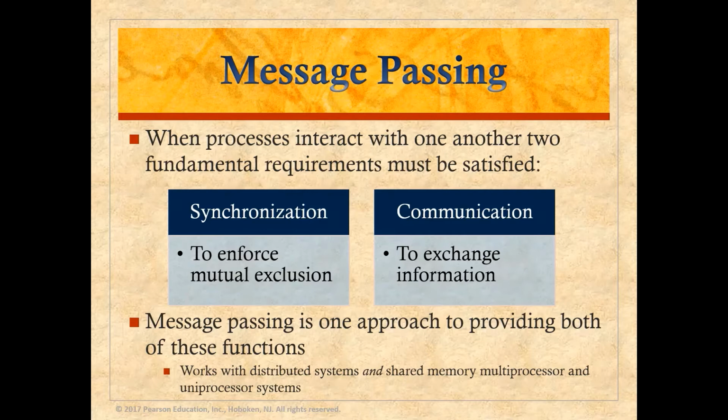Synchronization is to enforce mutual exclusion, where we have multiple processes executing concurrently. Communication is where processes need to exchange information with each other. Message passing is one approach that provides two functions, and it works in distributed systems and also shared memory, multiprocessor, and uniprocessor systems.